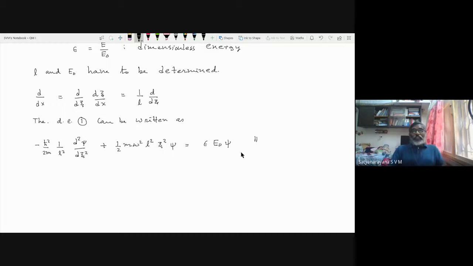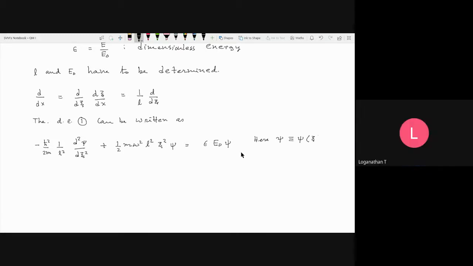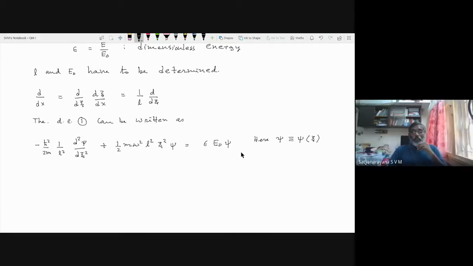And notice that here psi is now a function of xi.